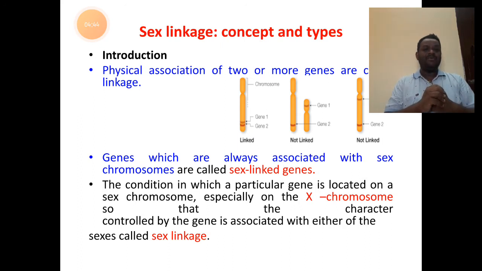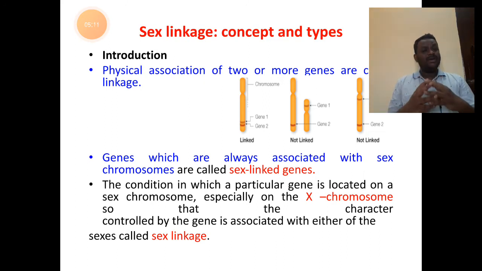In the case of human beings as well as Drosophila, the type of chromosomal sex determination is the XX-XY type. The XX type of sex chromosome is seen in normal females. XY is seen in normal males.